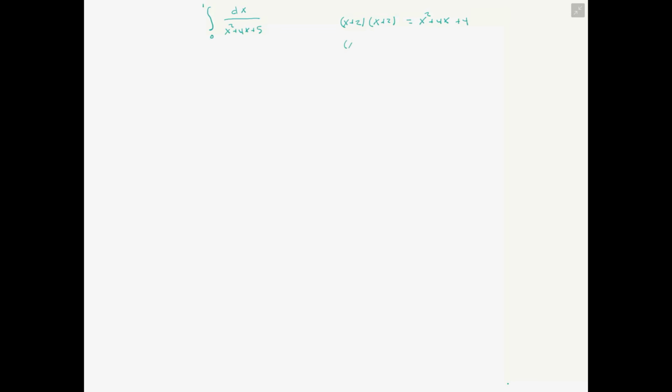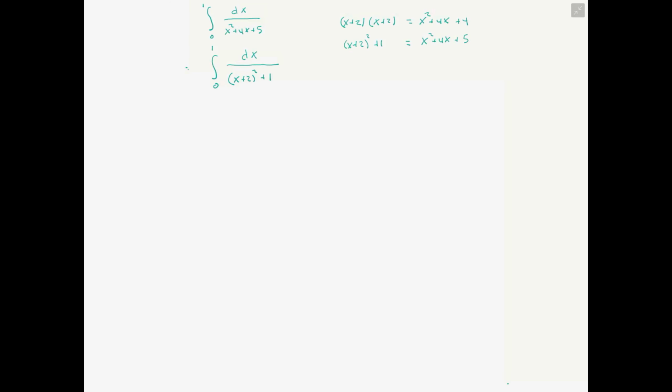So we have to say this is x plus 2 squared plus 1, and that gives us the x squared plus 4x plus 5. So now we go to 0 to 1 dx over x plus 2 squared plus 1.